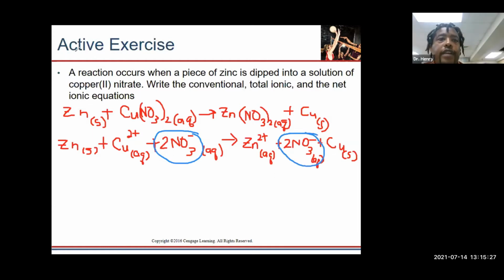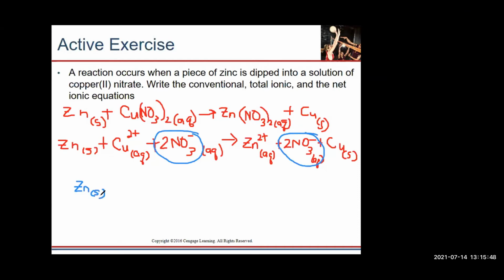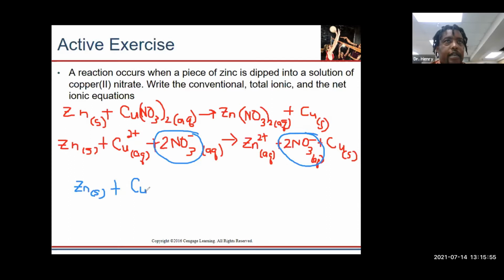So then our net ionic equation is going to be Zn solid plus the copper 2 ion, 2 plus aqueous.